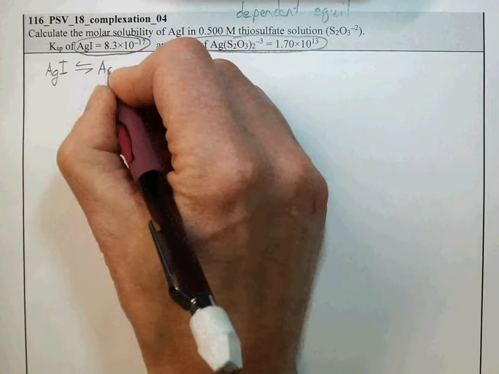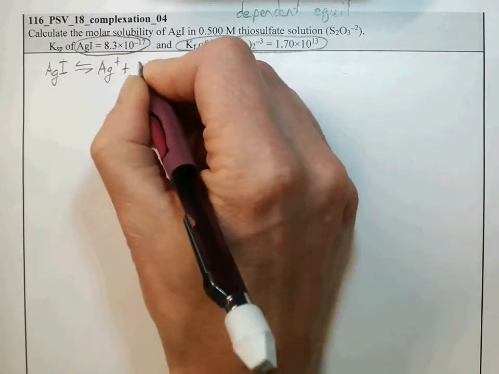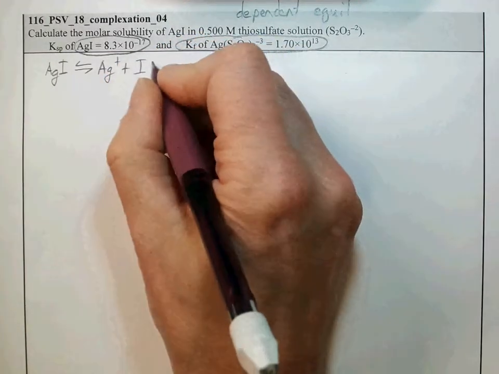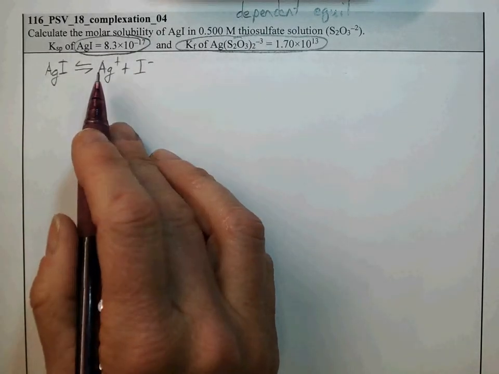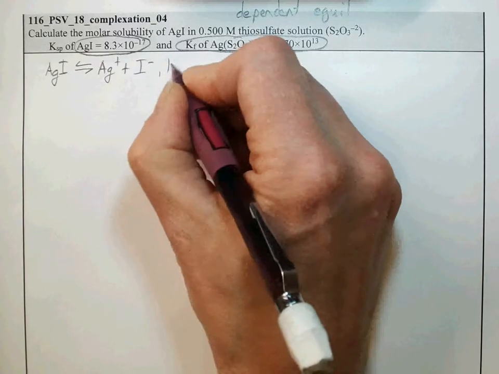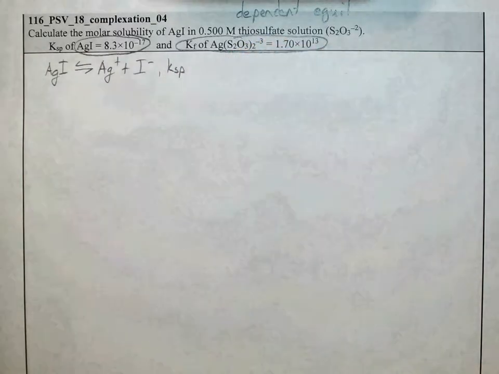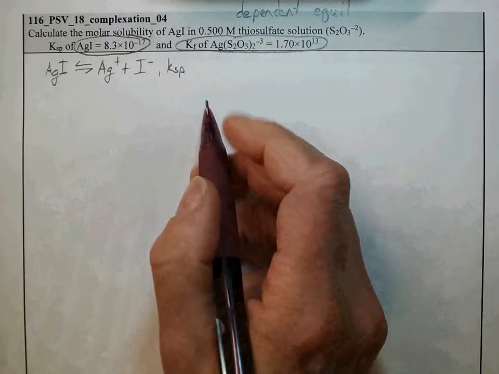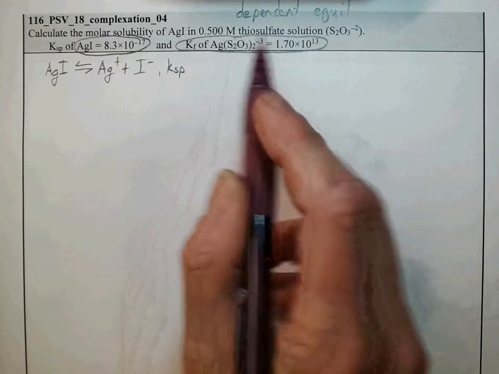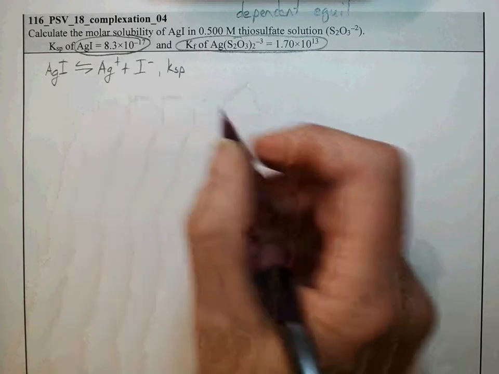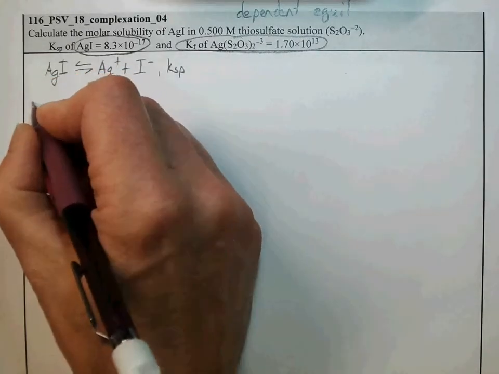Okay, this salt is insoluble, but we know a tiny bit dissolves, and whatever dissolves dissociates. Equilibrium constant here is KSP. And now, once this Ag plus has been released in solution, it reacts with the thiosulfate to yield our complex.